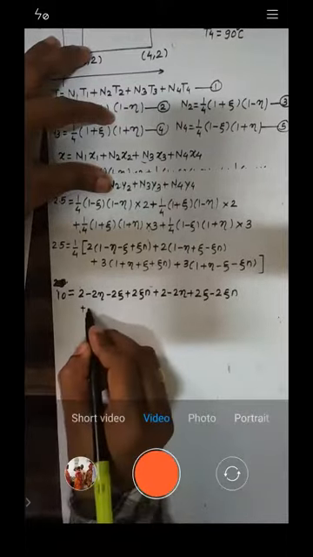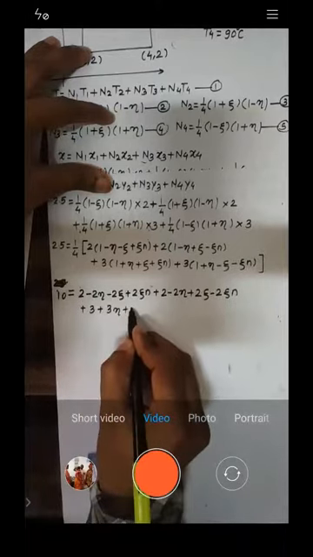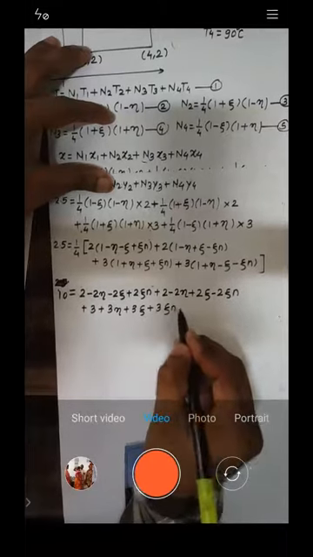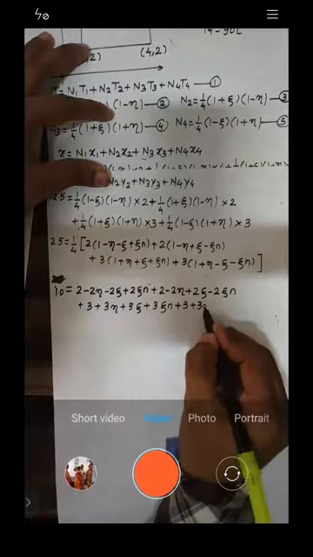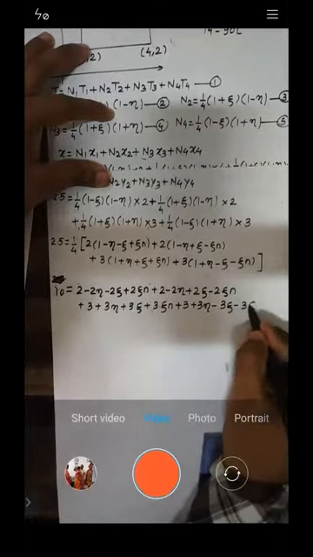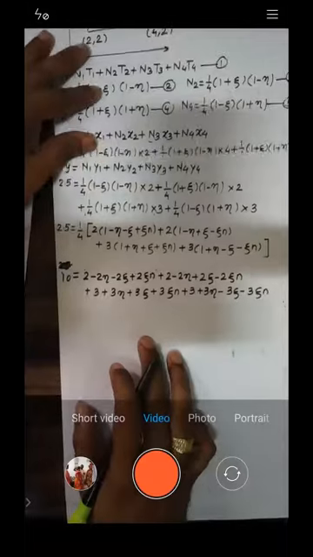Then plus 3 neta plus 3 zeta plus 3 zeta neta, then plus 3 neta minus 3 zeta minus 3 zeta neta, right? Okay, now let's see which terms are getting cancelled.